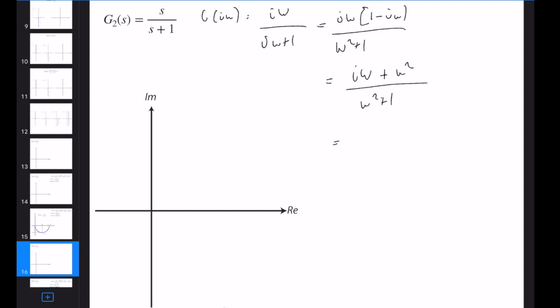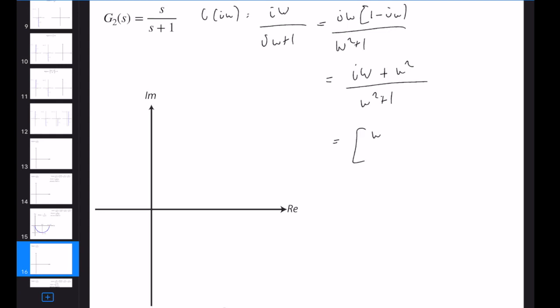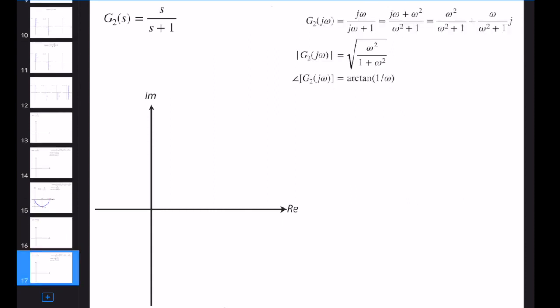So it is equal to omega squared over omega squared plus 1, plus omega over omega squared plus 1 times j. This is the real part, and this is the imaginary part. Let me check my computations. Yes, everything's correct. If you look at the magnitude, it's obvious it's equal to this, and the phase is equal to arctangent of 1/omega.